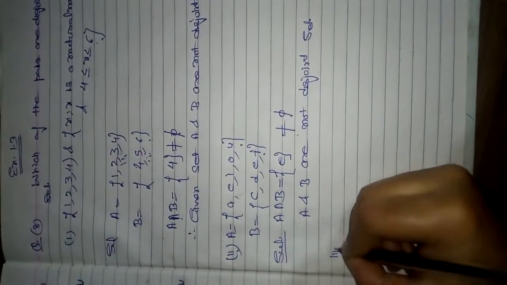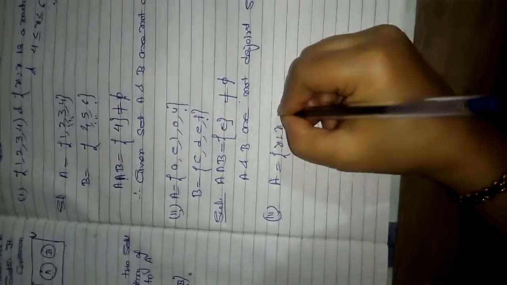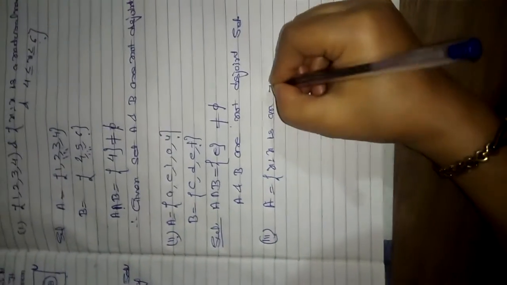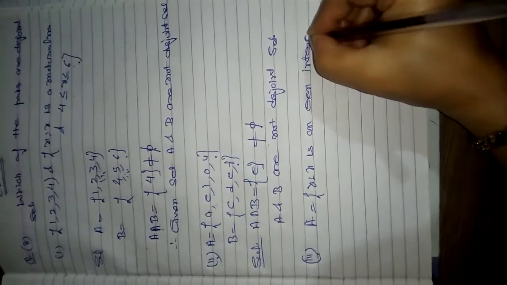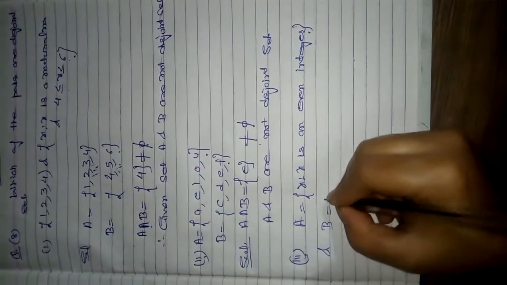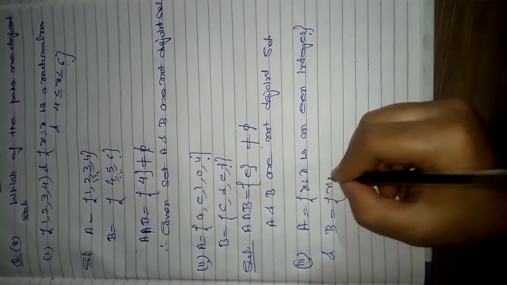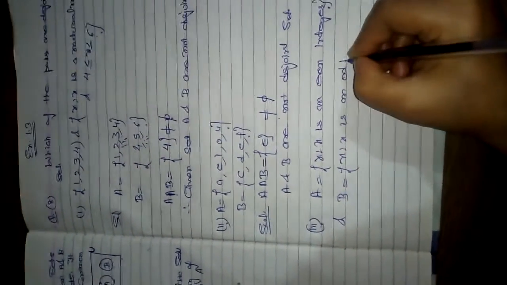The third question: let A be {x such that x is an even integer}, and B be {x such that x is an odd integer}.